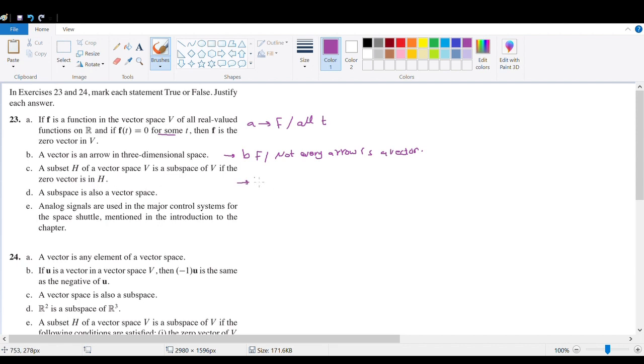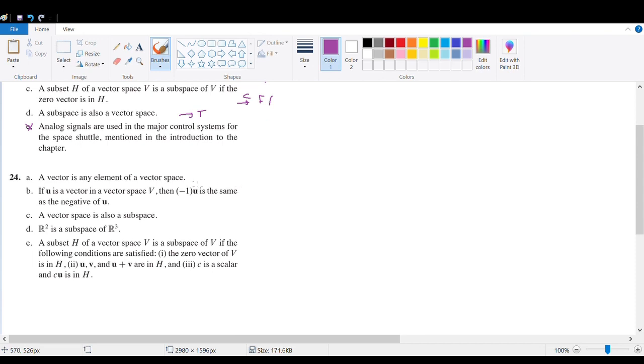So it is not enough. So C is false. For D, a subspace is also a vector space, so this one is true. For E, this one is not included for you, so just until D.